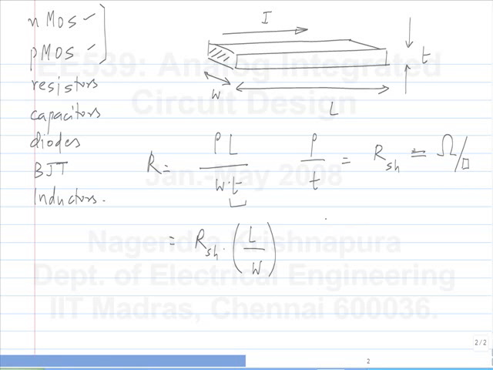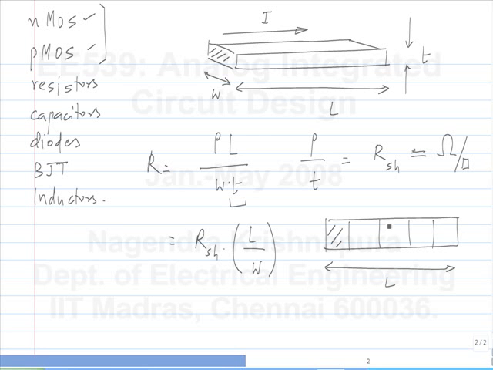Square simply means that if you have 5 squares of material along the length, then you have 5 times the sheet resistance. Each one of these pieces gives you a resistance of the sheet resistance, and you just count the number of squares to find out the total resistance.